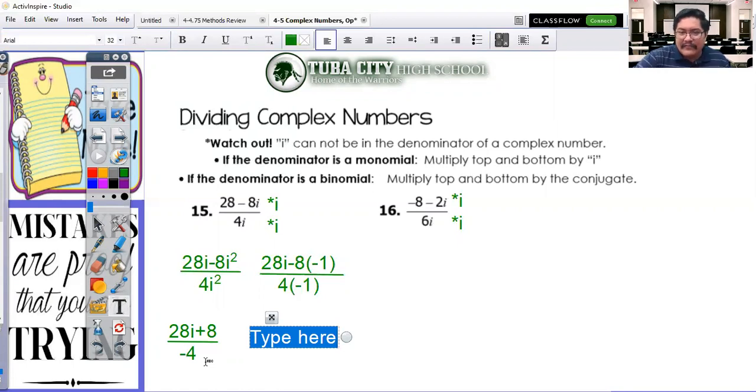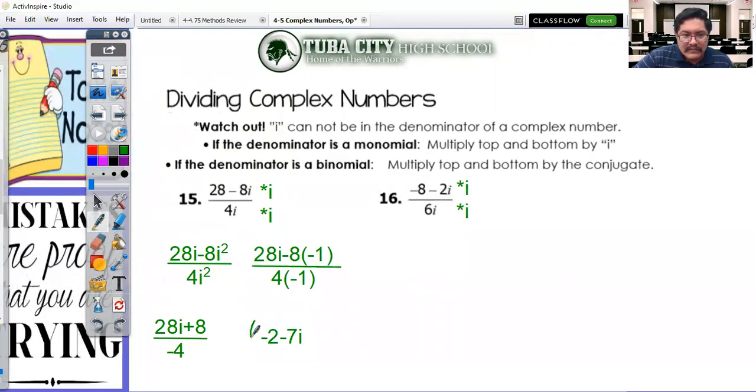So 8 divided by 4 would be 2. But again, being negative, it's going to have to switch to a negative number. Now, 28i is the second part. 28 divided by -4 would be 7, but it'd be -7. But I got to bring that i back, so it would be -7i.